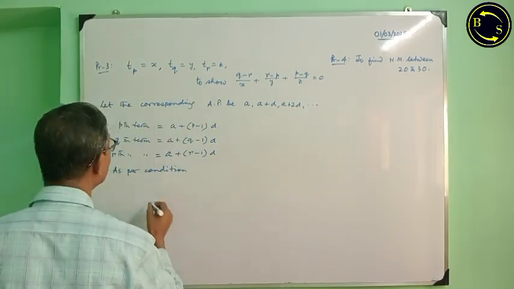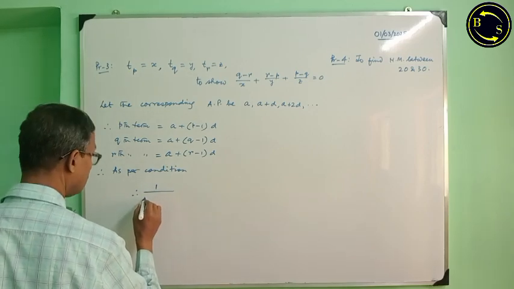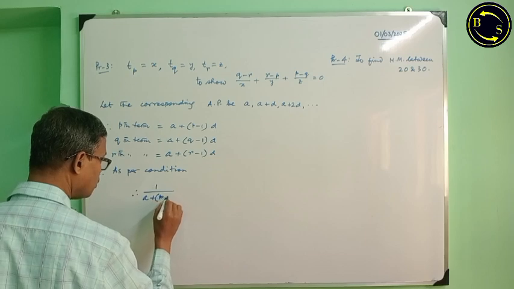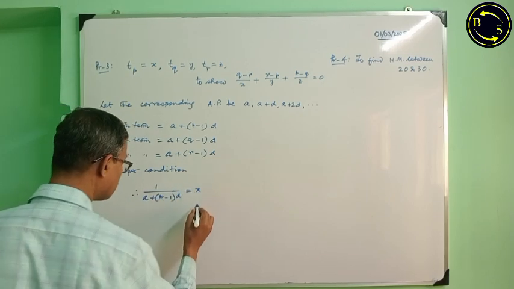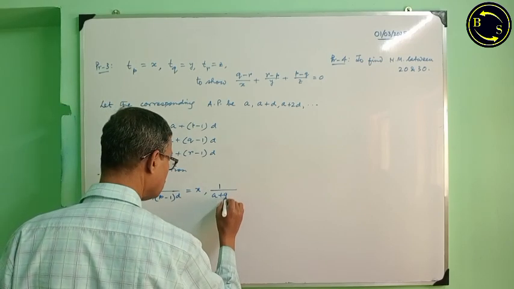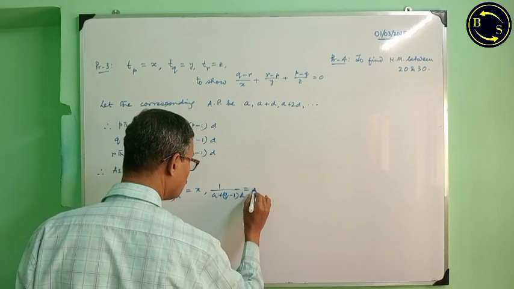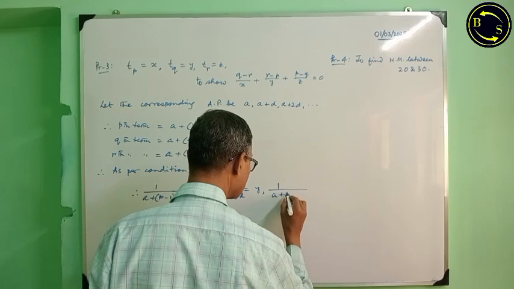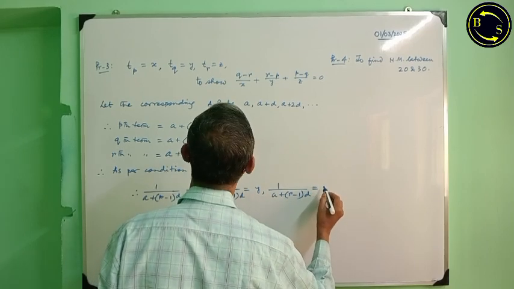Therefore, 1 by (a plus (p minus 1) into d) is equal to x, 1 by (a plus (q minus 1) whole into d) is equal to y, 1 by (a plus (r minus 1) whole into d) will be equal to z.